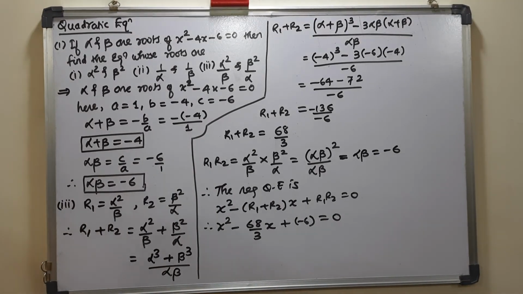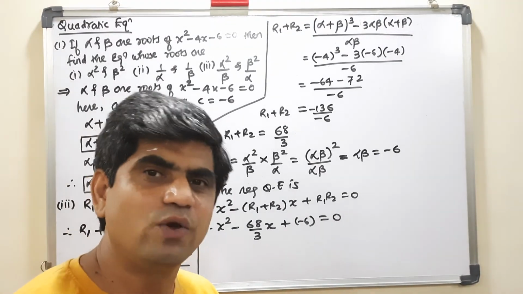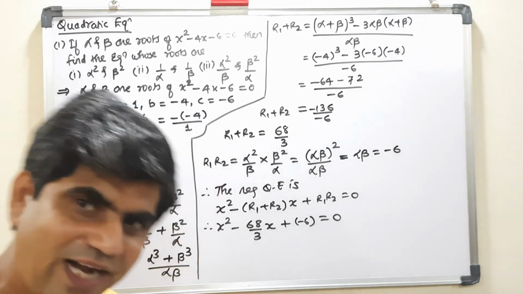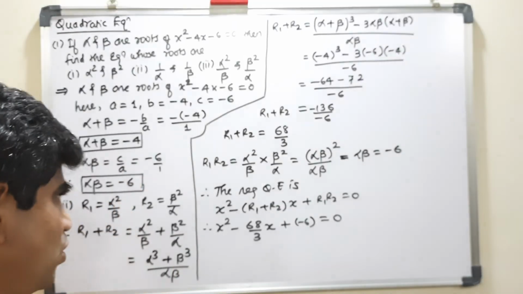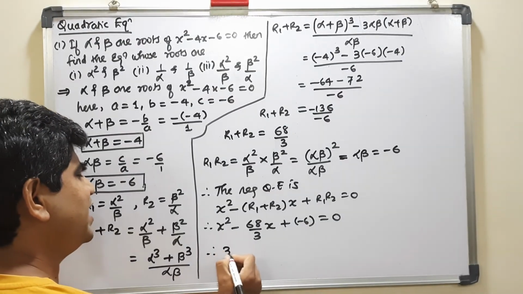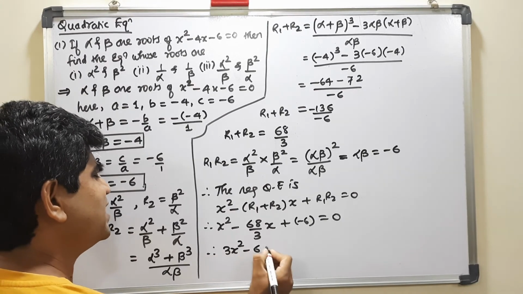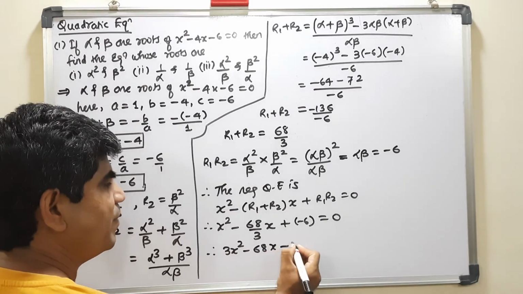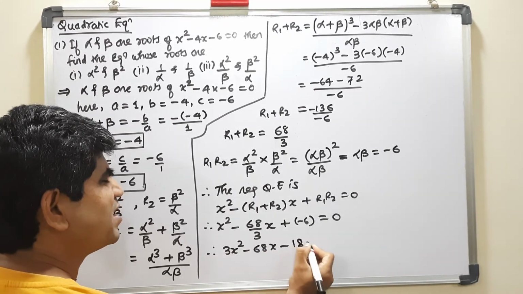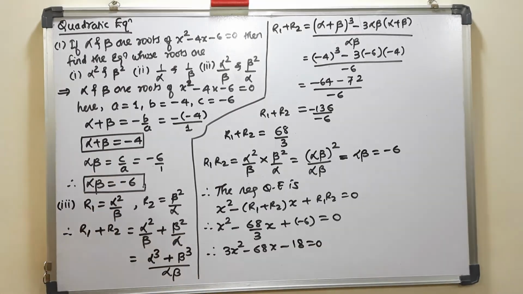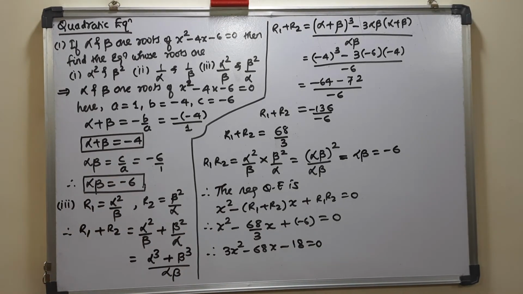So solving it, that is a part that you will have to think. I will directly write the answer, you try it on your own. So you will get here 3x square minus 68x minus 18 is equal to 0. So this is your required quadratic equation.